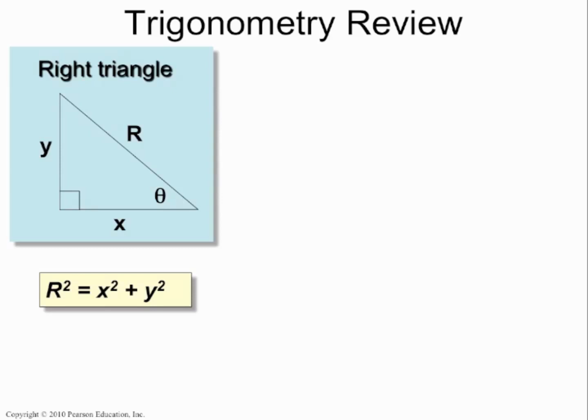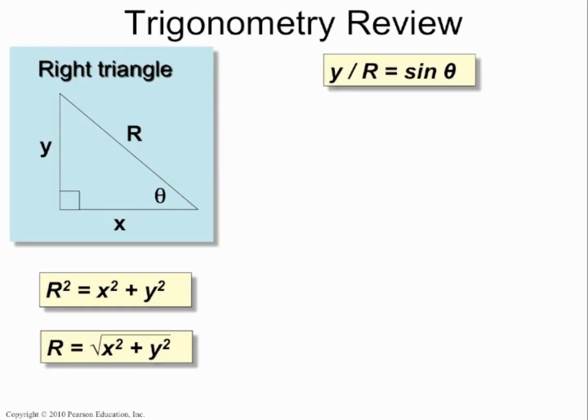All right, so we're going to write that as r squared equals x squared plus y squared. Now, a corollary of that we will use even more is r equals root x squared plus y squared. And this we'll be using a lot, because this is how we find the magnitude of a resultant. R equals square root x squared plus y squared.